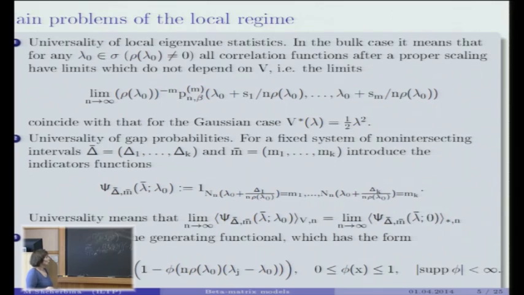And if you are also able to prove that this limit is uniform with respect to s1 and so on, sm, then you can integrate and obtain the gap probability. It was a surprise for me, maybe I am stupid, but it was a new idea for me that it's possible to consider from the very beginning the indicator of the set whose probability you are going to find, and to prove that it is universal. I took this idea from the paper of Valkó and Virág.